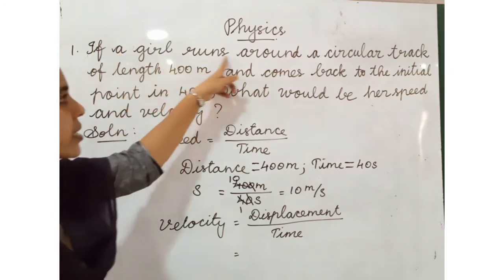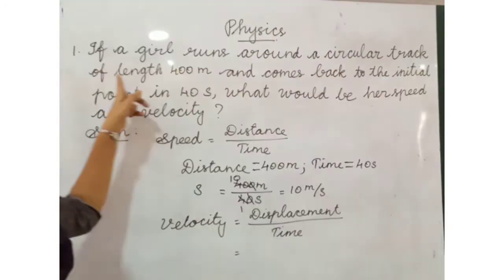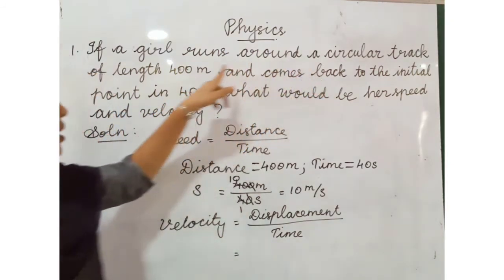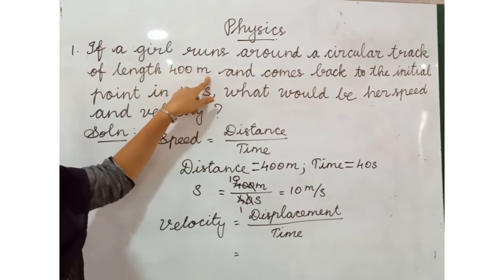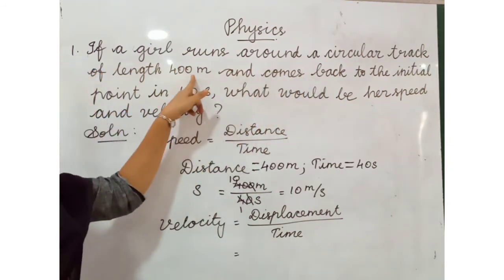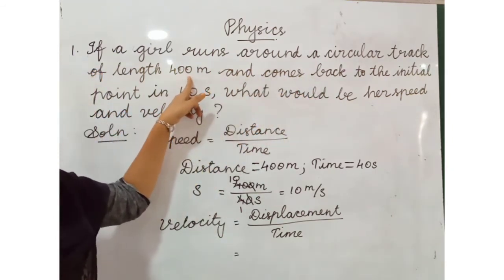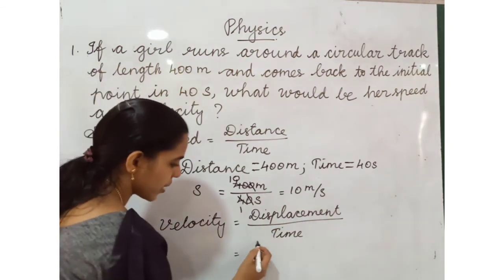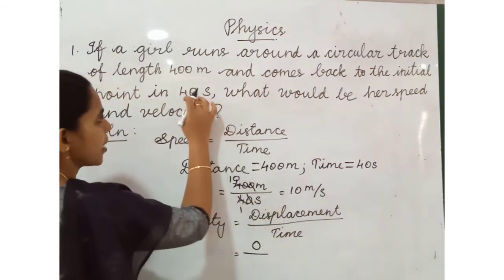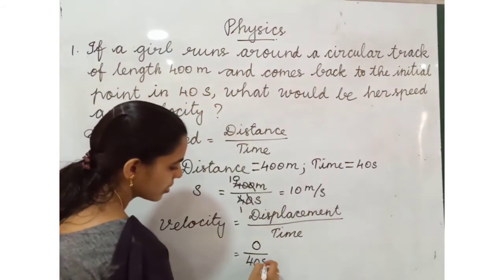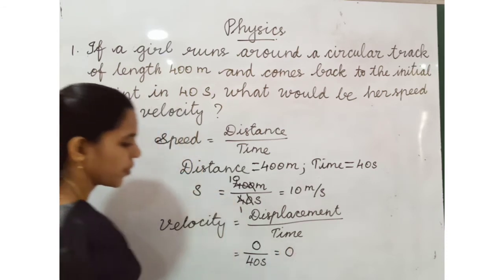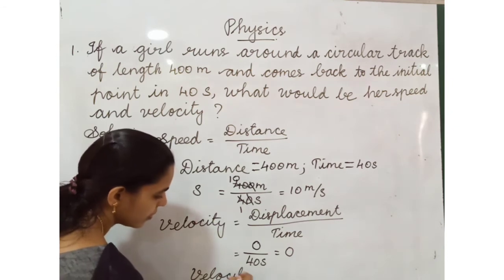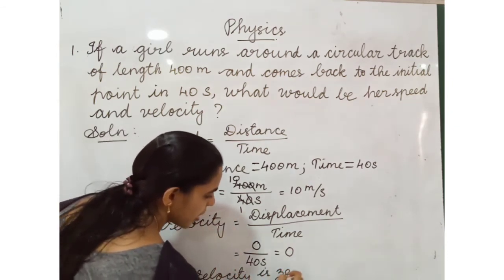If a girl runs around a circular track of length 400 meter and comes back. When she is moving 400 meter, again she comes back. So what is the displacement? Displacement is 0. Zero divided by time is 40 seconds. What is the answer here? 0. So velocity is 0.